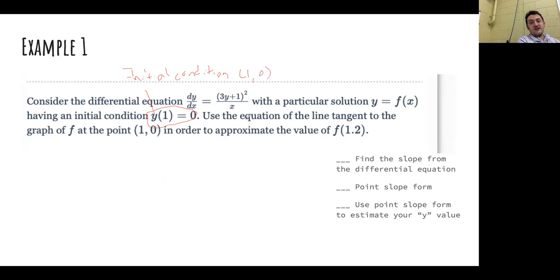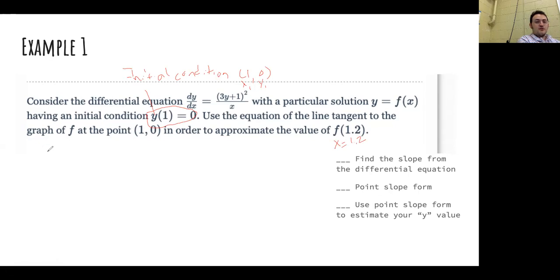Use the equation of a line tangent at 1, 0 to approximate the value of f of 1.2. So our x is going to be 1.2, and this is going to be our x1 and our y1.